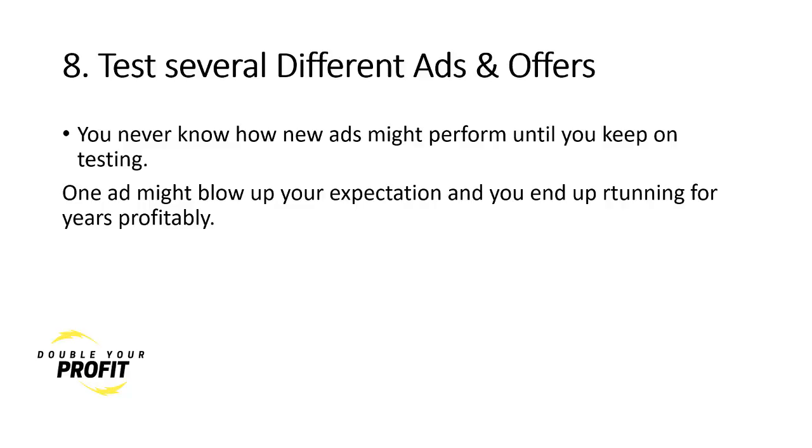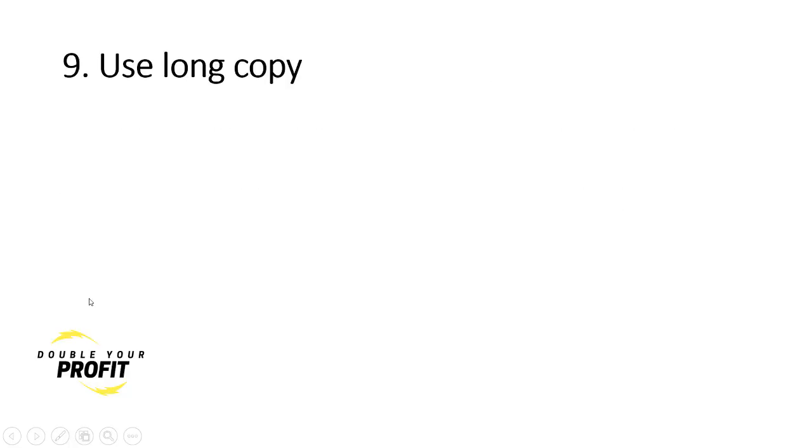Never stop testing. Okay. Number 9, to improve the pulling power of your ad is to use long copies. In advertising, your copy must be long enough to tell the reader, the consumer, all the selling points.